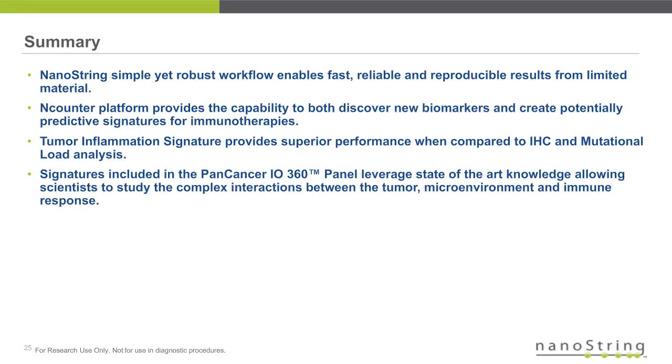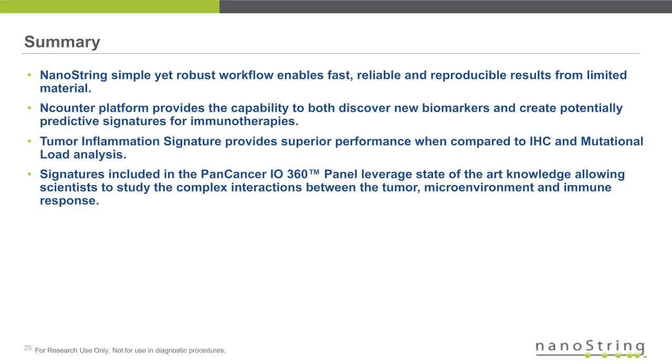And so as a result, I believe what we've built here is a system which enables very easy and very robust profiling of tumor tissues to enable discovery of new biology, validation of new hypotheses, and creation of new biomarker signatures that may be useful for directing patients to the appropriate immunotherapy. The core of this IO360 panel is called the Tumor Inflammation Signature.